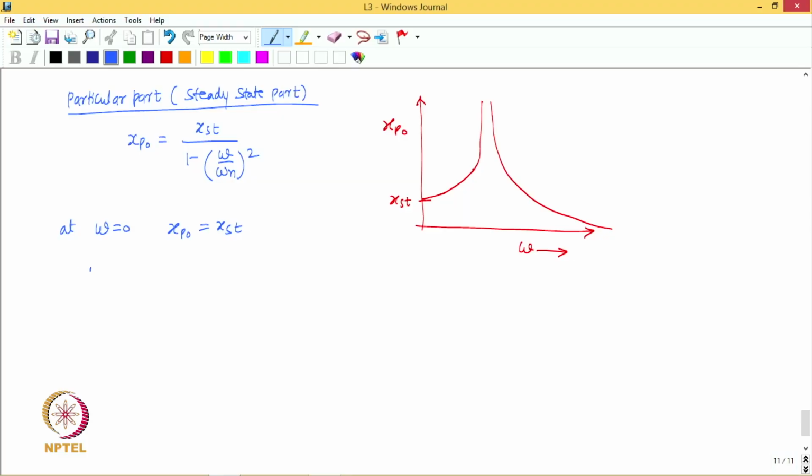At omega equal to omega n, what we see is x p o tending to infinity, right. In fact, the steady state value of the amplitude will be infinite at omega equal to omega n.